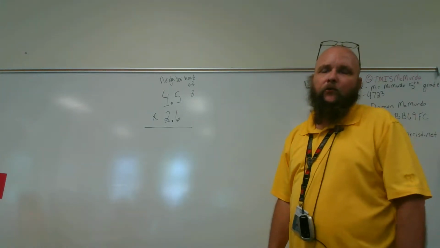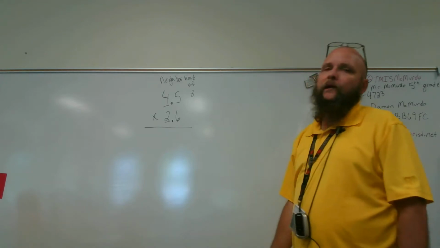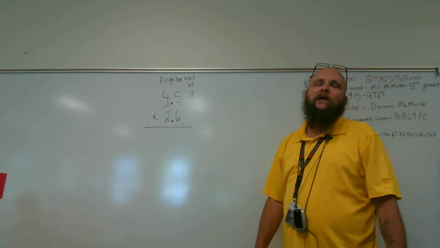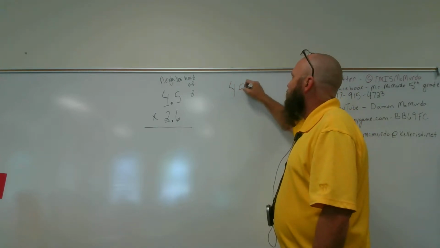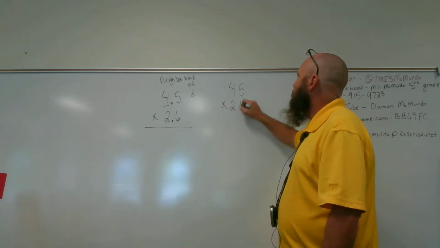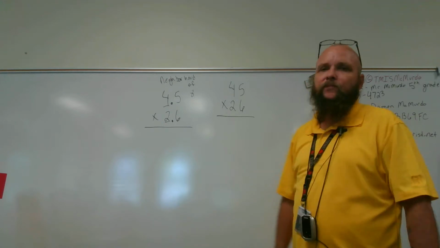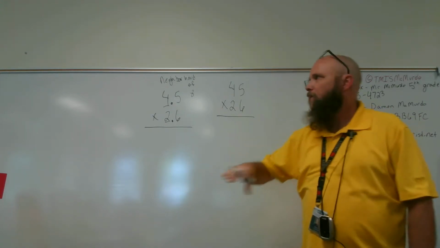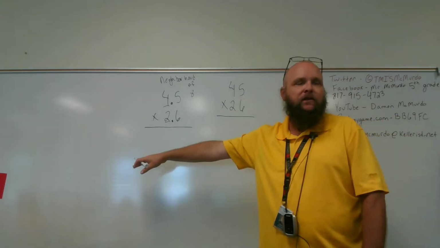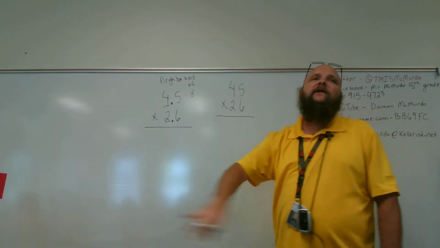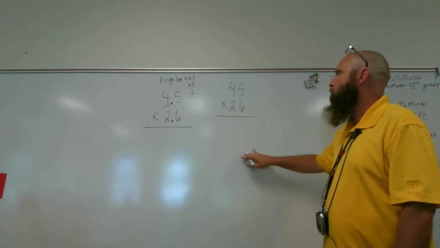So now in order to multiply decimals, I'm going to rewrite the problem, ignoring the decimal points, leaving them out. So now I have 45 multiplied by 26. I'm just going to do this, paying no attention to the decimal points until I get done and find the product of this.